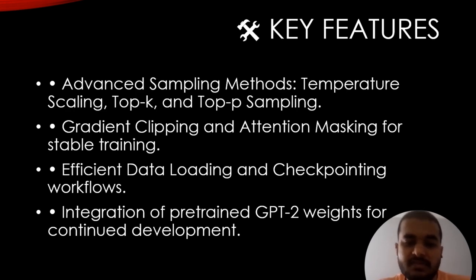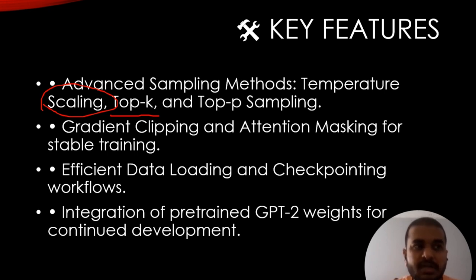Key features are as follows. I have used temperature scaling, and then the top-k sampling method is used in order to make the LLM more random, so it predicts different words after every cycle.